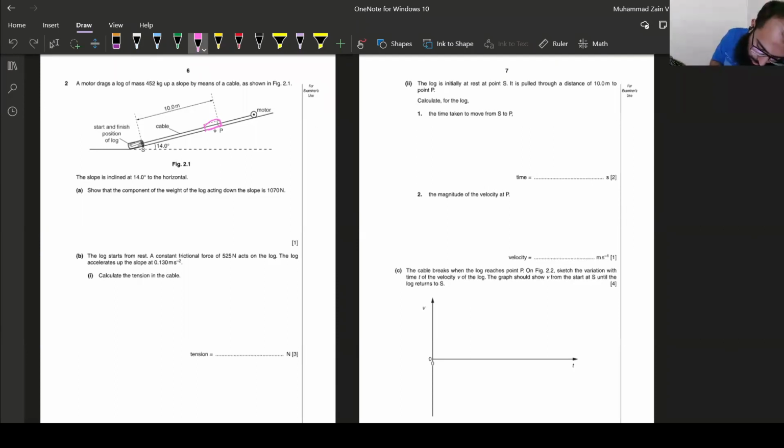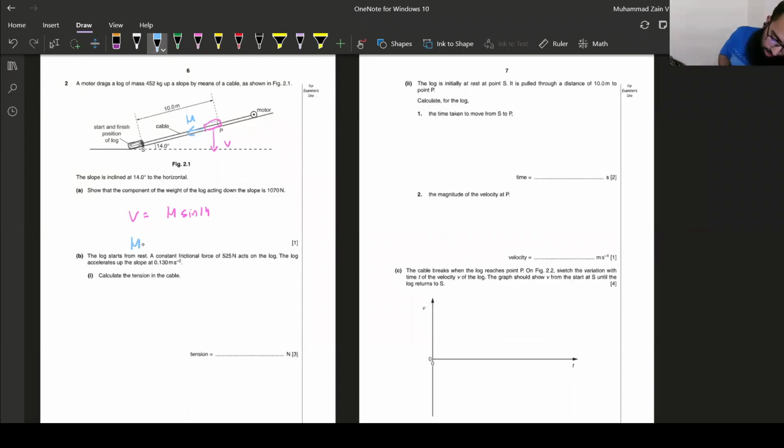One is the weight of this block, which is acting downwards, and then there's another force acting in this direction. So if I label this as V, and I label this as H, so I can say that V equals H sine 14. That's the formula we have.